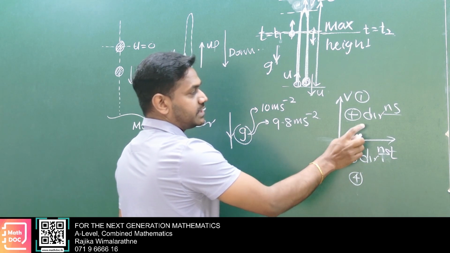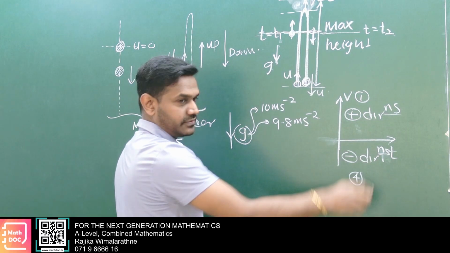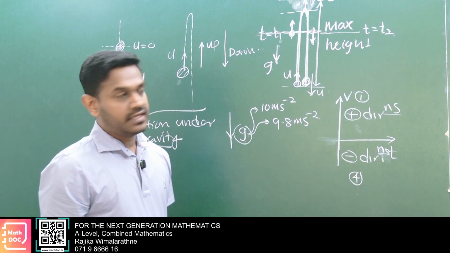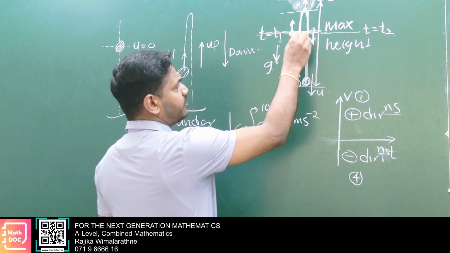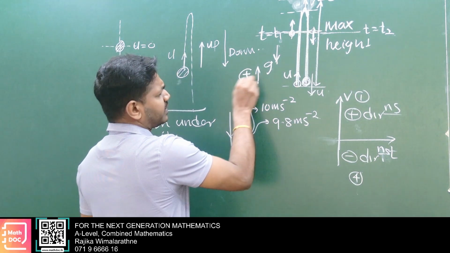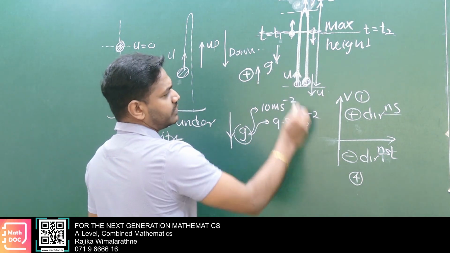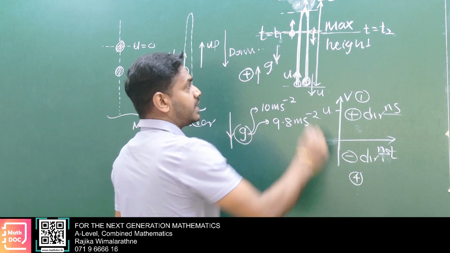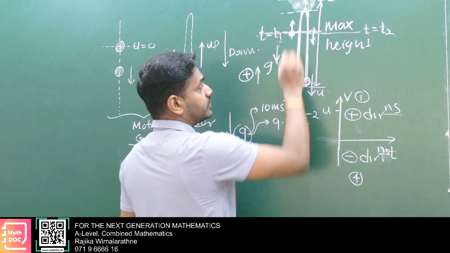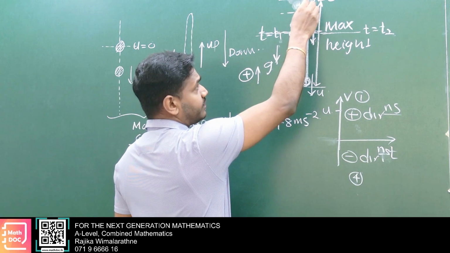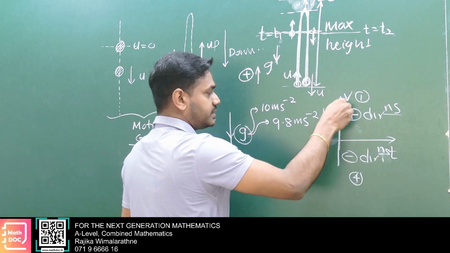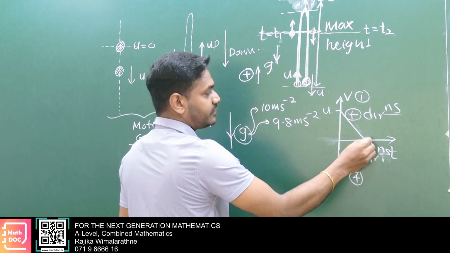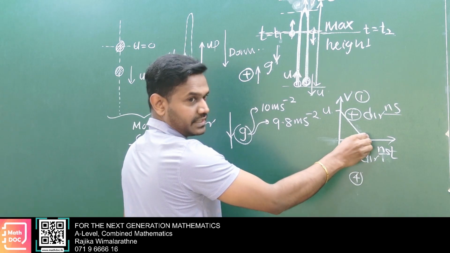When you consider upward motion as positive, the initial velocity u is upward positive. Then the velocity decreases, with retardation, until the maximum height where velocity is 0.